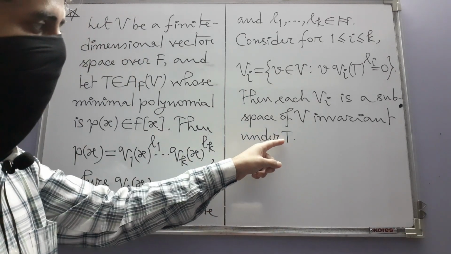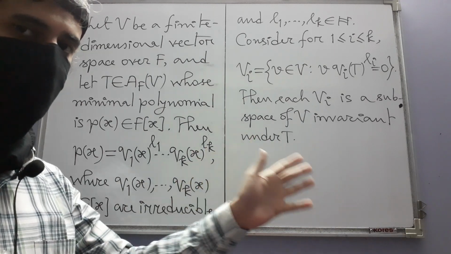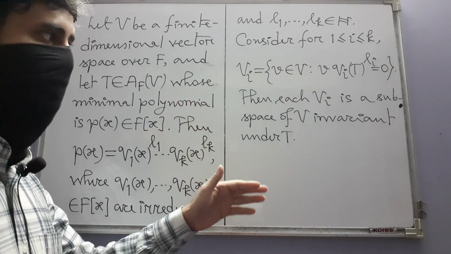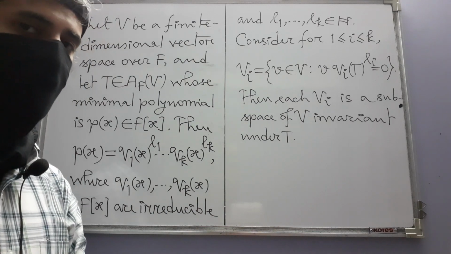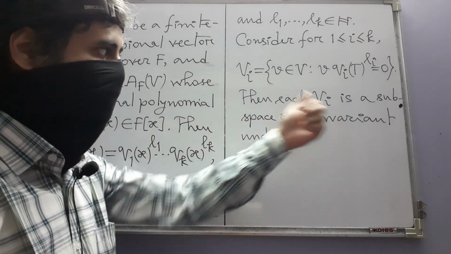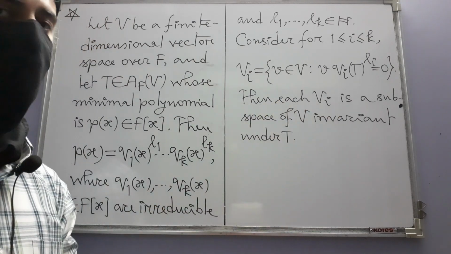Namely, if you restrict T on V_i due to this invariance, that restriction again maps V_i into V_i, and that's how we get an operator on V_i, which we called T_i.